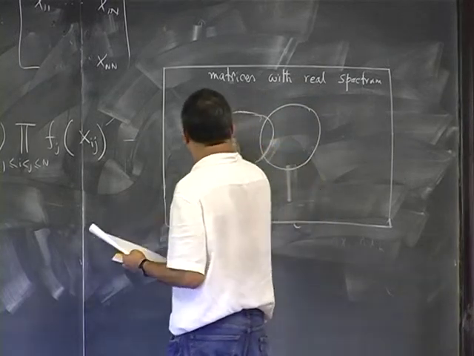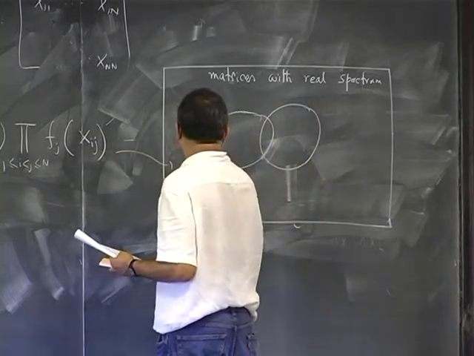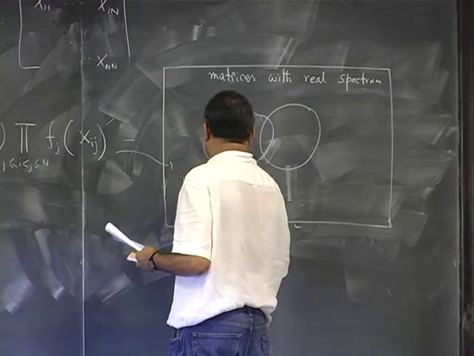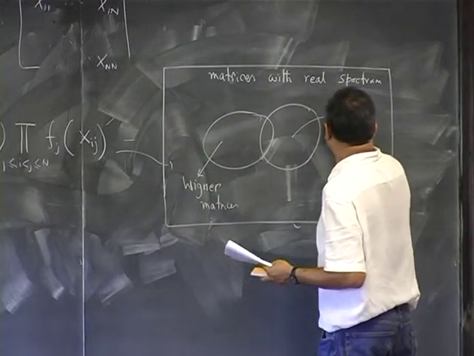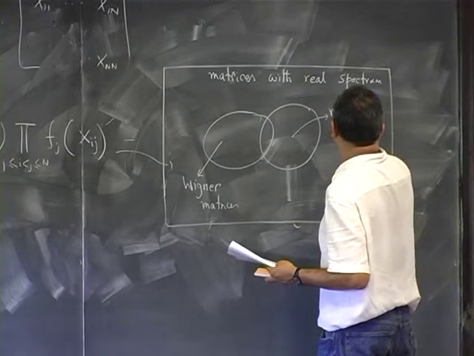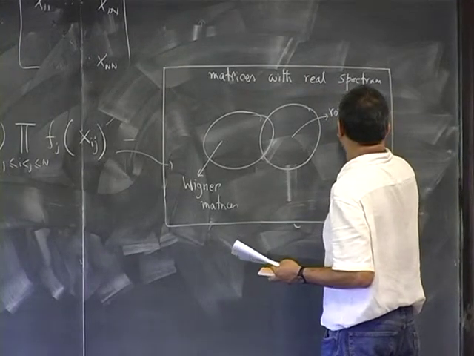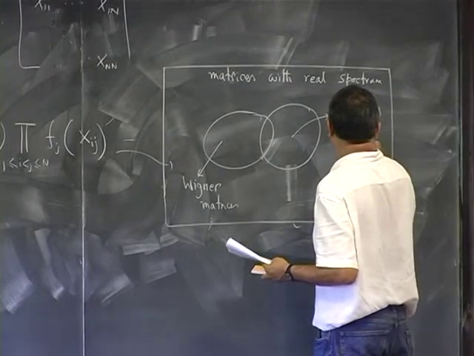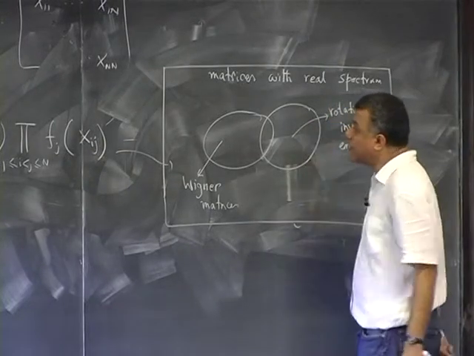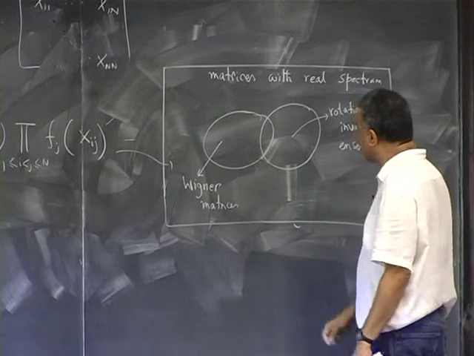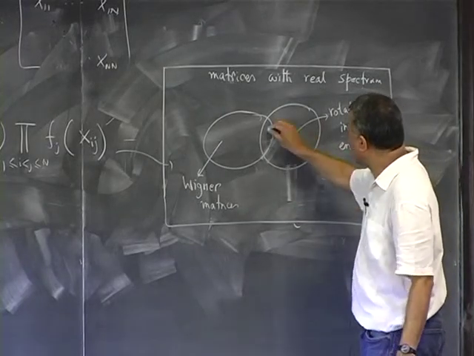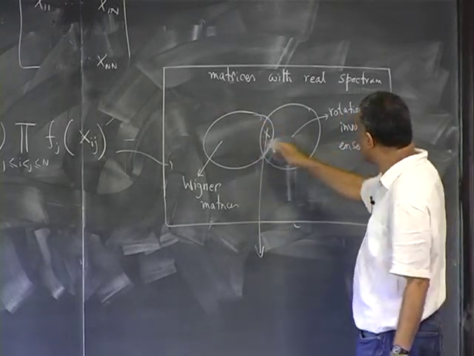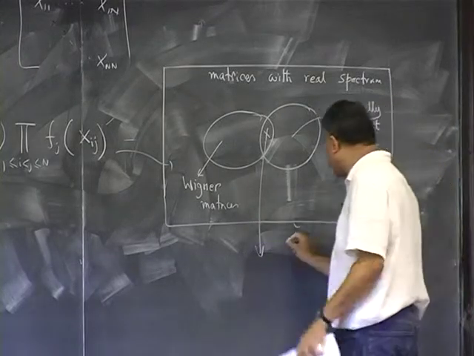So this is the Wigner matrices, and these are the rotationally invariant ensembles. The choice of this P depends on which ensembles you are talking about. And they overlap. There is only one element in this overlapping region, which is both independent entries as well as rotationally invariant. And this is precisely the Gaussian ensemble.